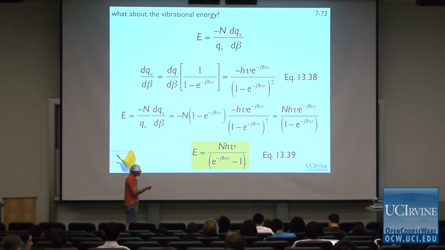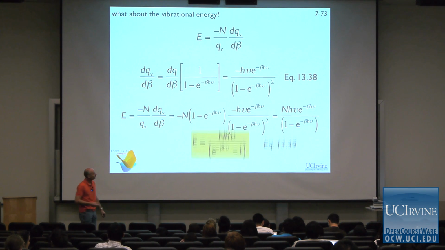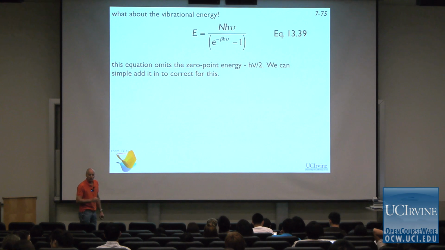That's the vibrational quantum. This equation omits the zero-point energy, so we can calculate the energy using this equation and then add in h nu over 2 to make that zero-point correction, if we're worried about it.